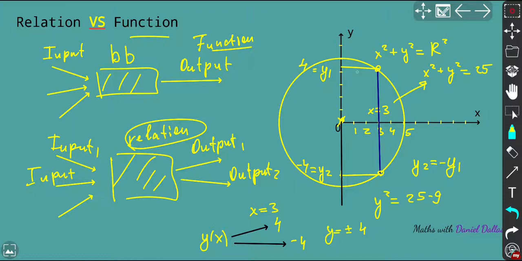So in the whole domain, if it ever crosses your curve at least twice, that means your curve is described by a relation, not a function. A circle is a pure example of a relation.